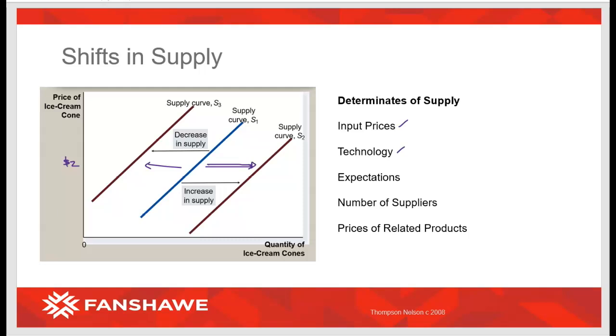And then there's the prices of related products too. So an example may be a car manufacturer. They have to choose how they're going to allocate their resources, and they make trucks, they make cars, and they make motorcycles, and so on. So if the price of motorcycles is going up, then the supply of cars may go down because those firms are going to reallocate those resources.